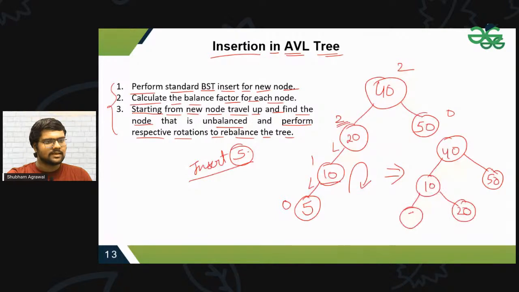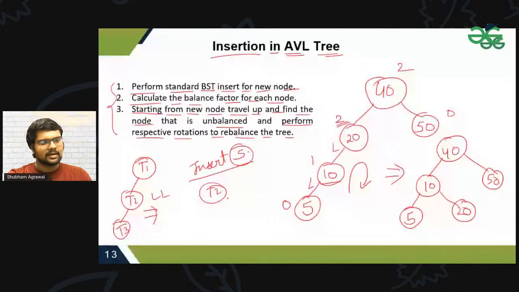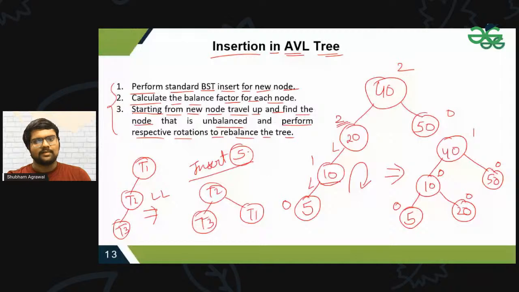If T1 is there, then we have T2 and T3, so after LL rotation it will be T2, T1, and T3. So 10 will be here, 5 will be here, and 20 will be here. When we compute the balance factors again, they will be 0, 0, 0, 0, and here it will be 1. So now the balance factor is in the range of -1, 0, and 1, so it is a valid AVL tree. In this way, we perform insertion in an AVL tree.